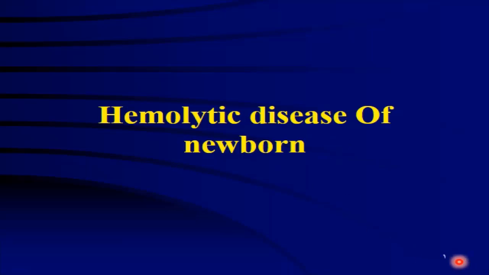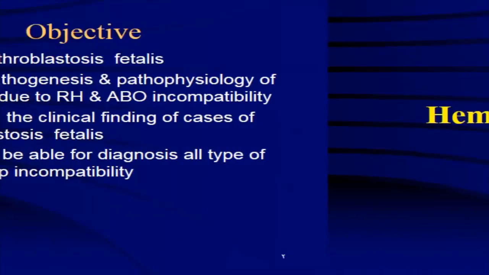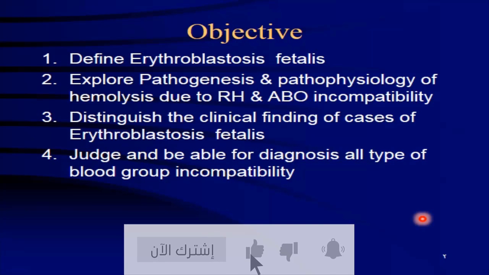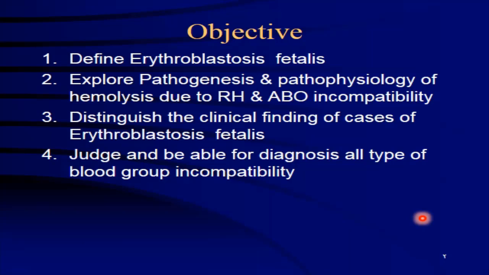In this lecture we talk about erythroblastosis fetalis, explore the pathogenesis and pathophysiology of hemolysis due to Rh and ABO incompatibility, distinguish the clinical finding of cases of erythroblastosis fetalis, and be able to diagnose all types of blood group.